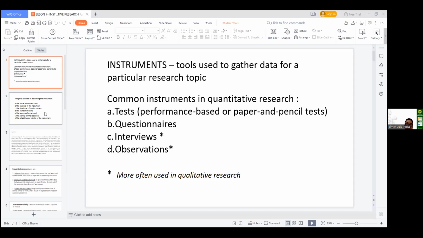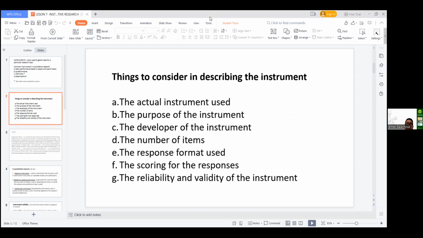So, in the section where you are going to write about your instrument, what are things to be considered in writing it or in describing the instrument? So at least these items must be included in the write-up. 1, you have to state what the actual instrument that you use is.